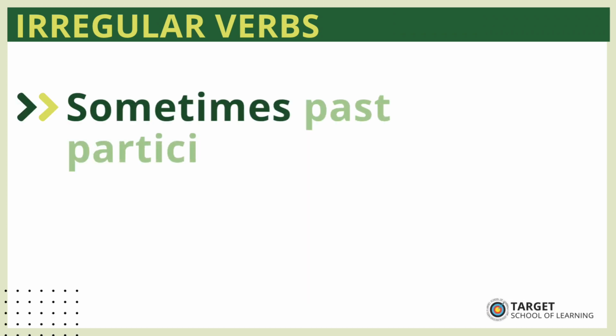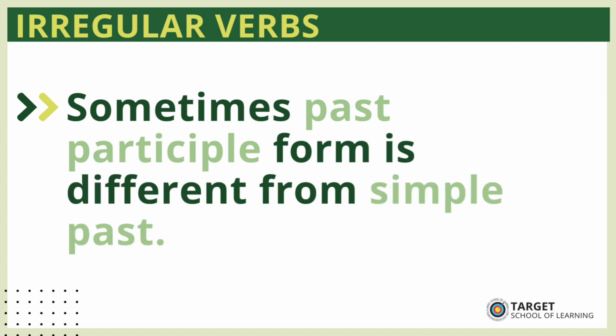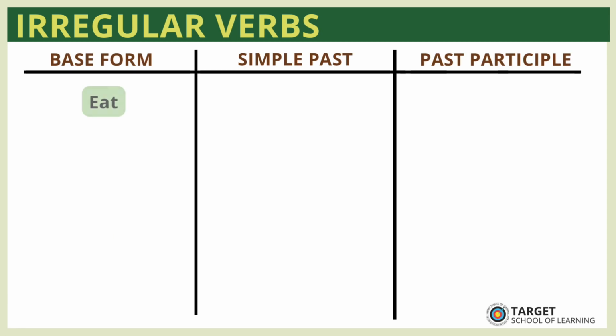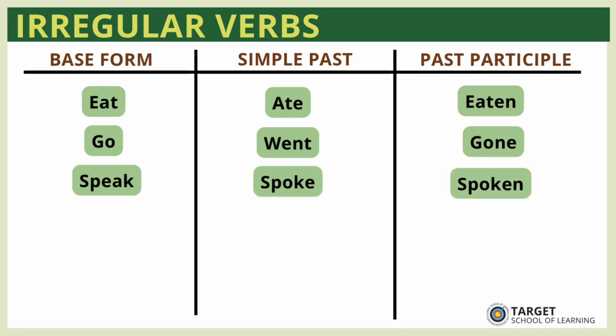Sometimes past participle form is different from simple past, that is verb second form. Look at this table now. Eat, ate, eaten. Go, went, gone. Speak, spoke, spoken. Write, wrote, written.